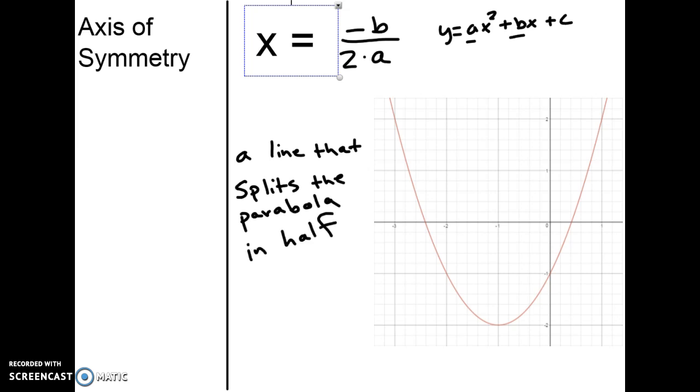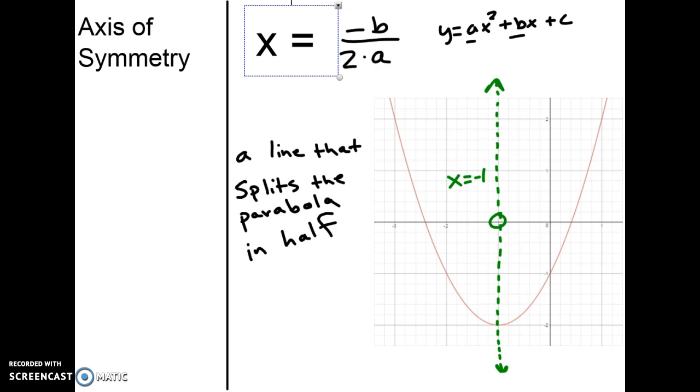Okay, and if we had a parabola like this on the right hand side, I'm not even going to do the equation for it. I'm just going to draw a vertical line that splits this parabola in half. And as you can see, this would be the vertical line x equals -1.